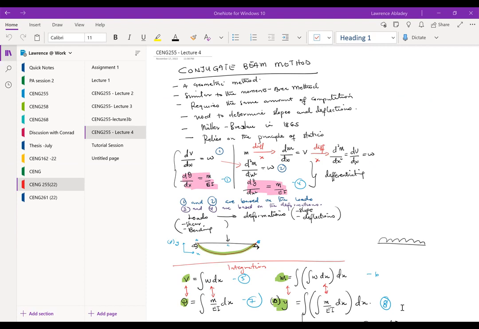So they both use the geometry of the bending moment diagram to calculate the slopes and the deflections at various points on the structure. All right.